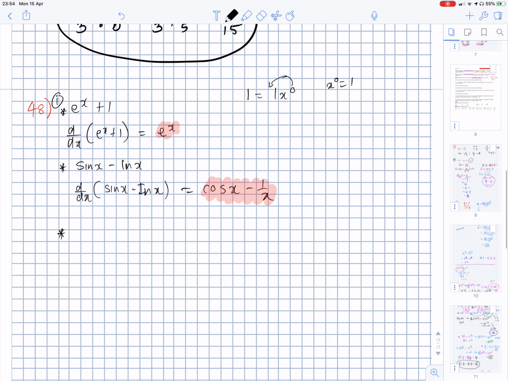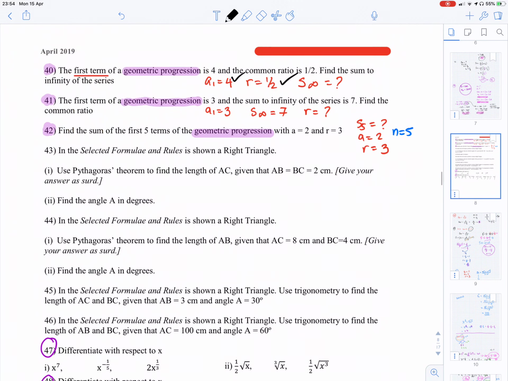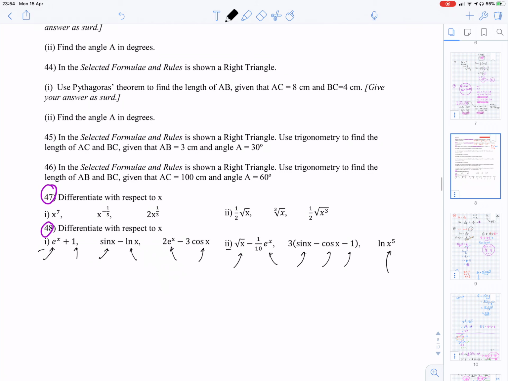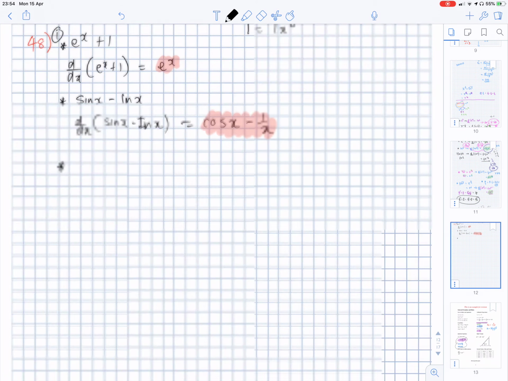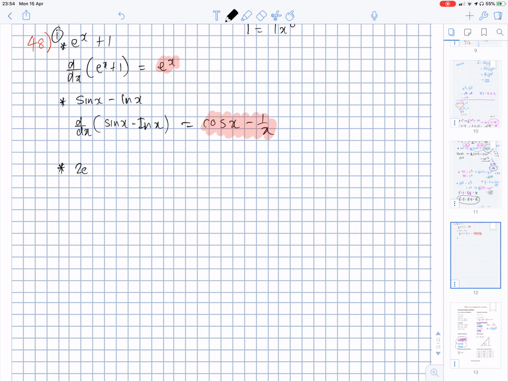And then the third one for these is 2e to the power x minus 3 cos x. If you do d/dx of 2e to the power x minus 3 cos x, you will get 2e to the power x, it doesn't change, minus 3.